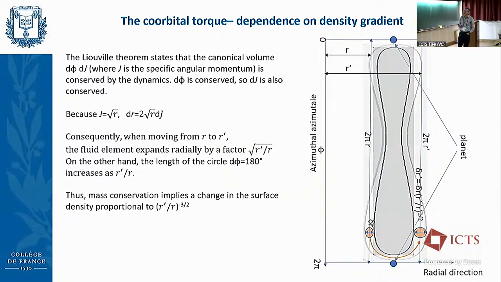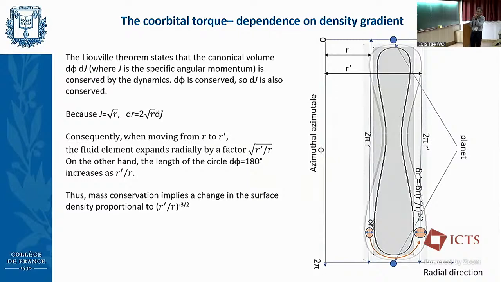But because the specific angular momentum is the square root of the radius, a change in radius is equal to the change in angular momentum times the square root of r. So consequently, when moving from r to r prime, the interval in specific angular momentum dj must be conserved, because d phi must be conserved and the product must be conserved.